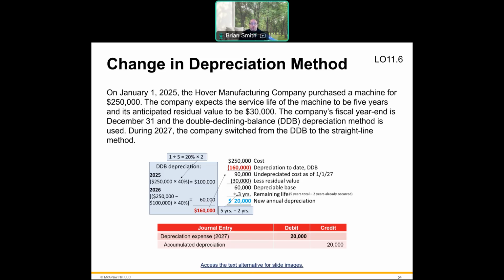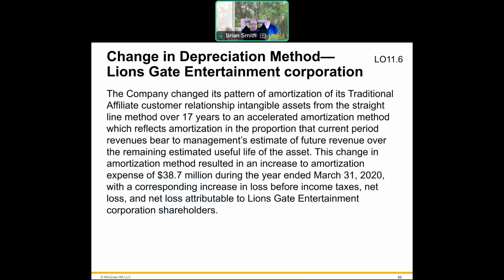We divide by 3. Our new depreciation journal entry would be a debit to depreciation expense and a credit to accumulated depreciation of 20,000. You definitely need to let people know about that in the notes of the financial statements.